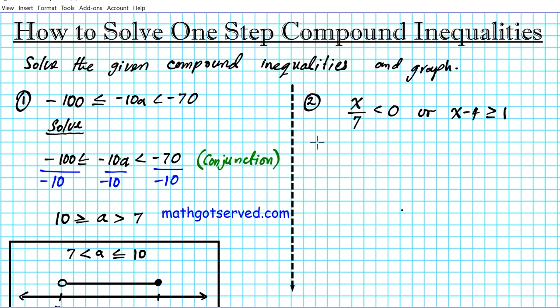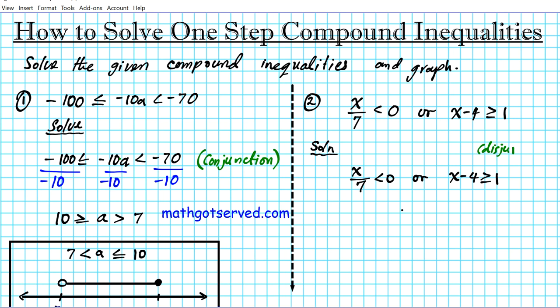If you notice, this inequality looks different from problem number 1. First, it's not a sandwich inequality, and it has that word or. So what kind of compound inequality is this? When you have the word or, that's known as a disjunction.